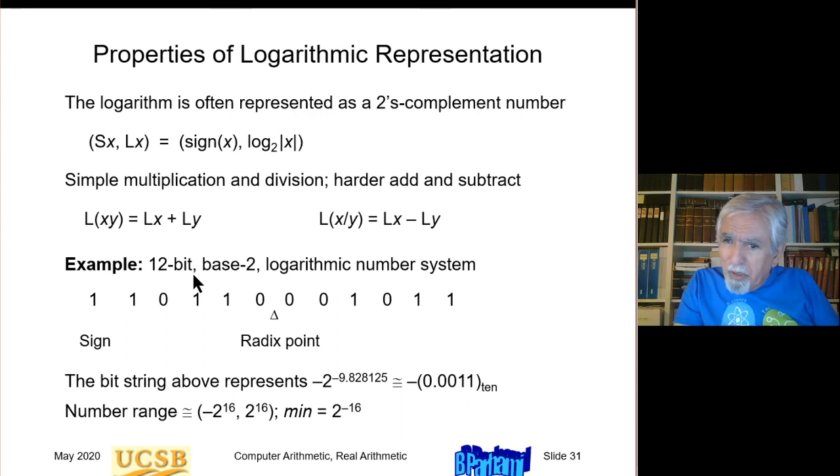So here's an example of a 12-bit base 2 logarithmic number system. There's a sign bit. I've chosen to have 5 whole bits and 6 fractional bits. And this particular bit string represents, first of all, it's negative, to the power of this number.